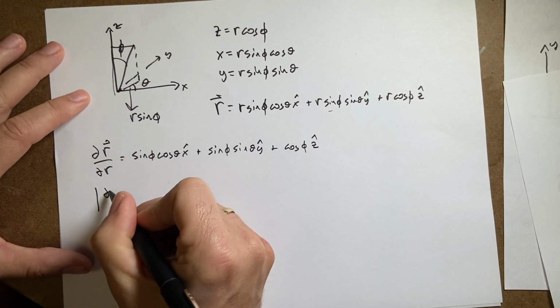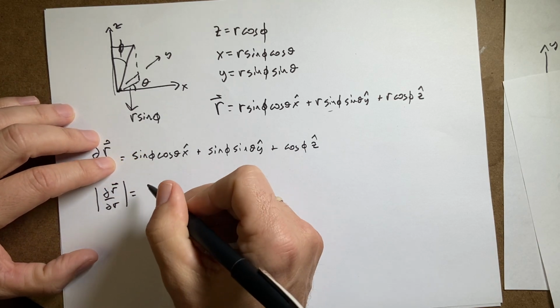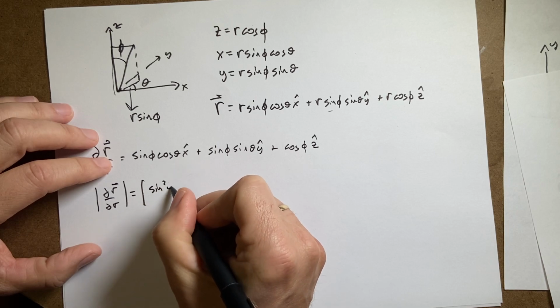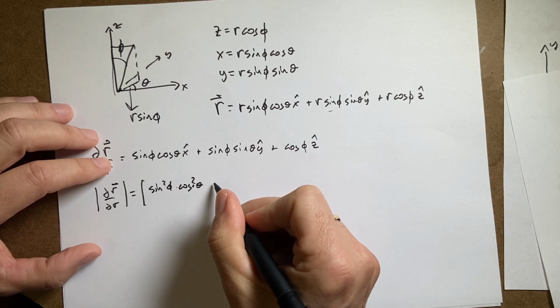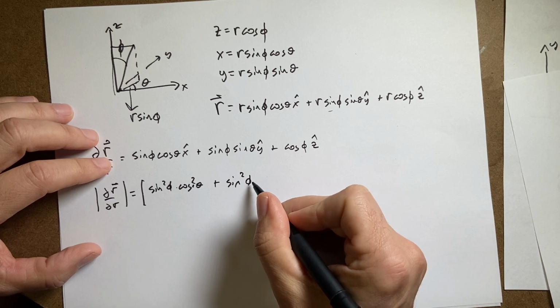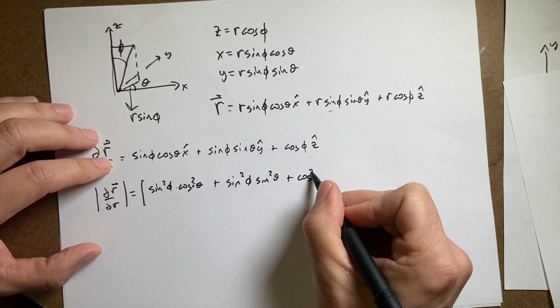So the magnitude of the partial of r with respect to r is going to be equal to, what's this stuff squared? So it's going to be sine squared phi cosine squared theta plus sine squared phi sine squared theta plus cosine squared phi.